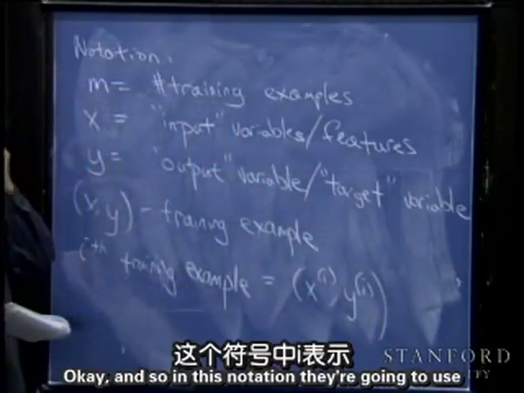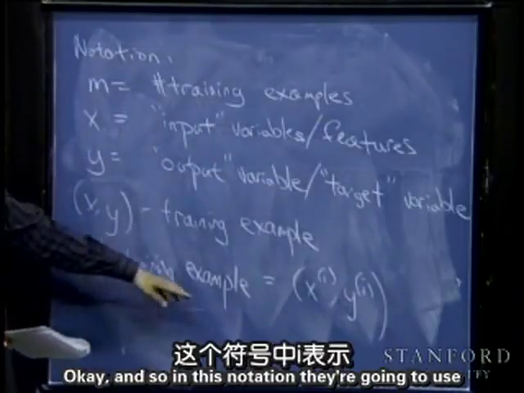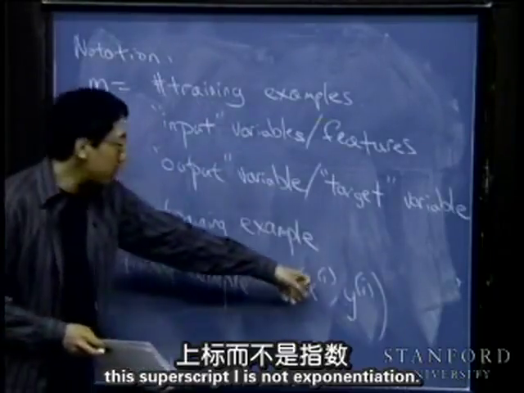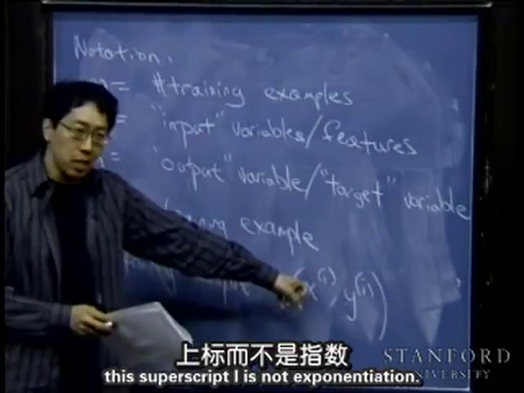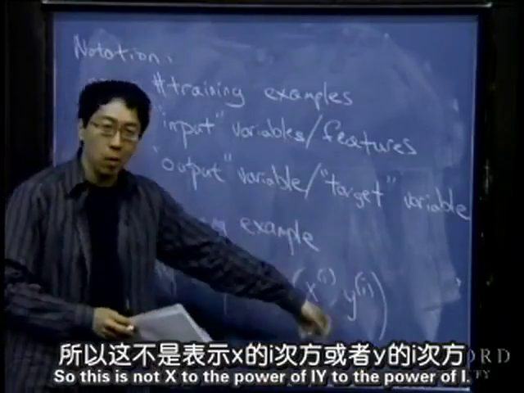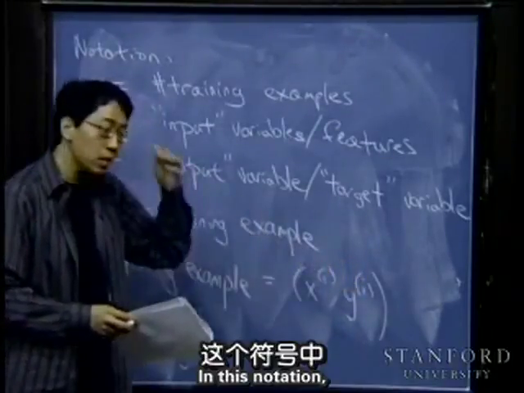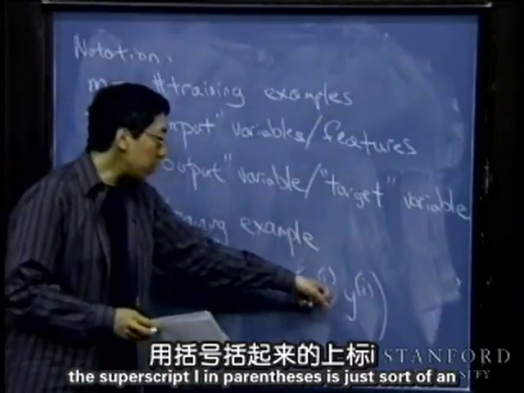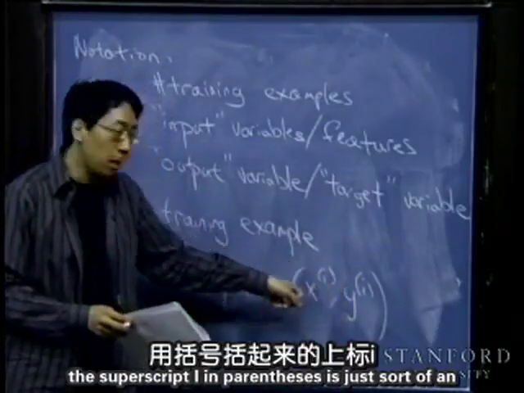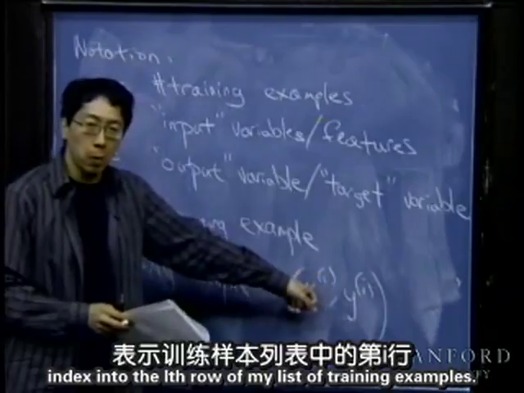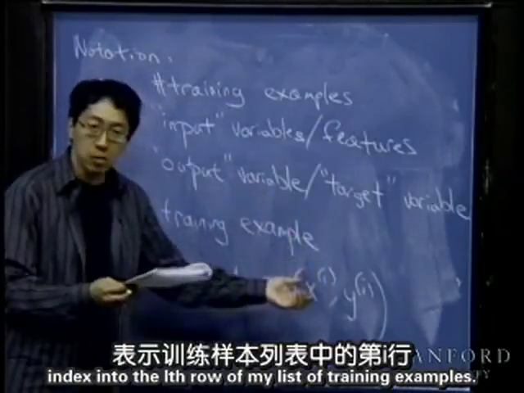Okay, and so in this notation, this superscript i is not exponentiation. So this is not x to the power of i, y to the power of i. Okay? In this notation, the superscript i in parentheses is just an index into the ith row of my list of training examples.